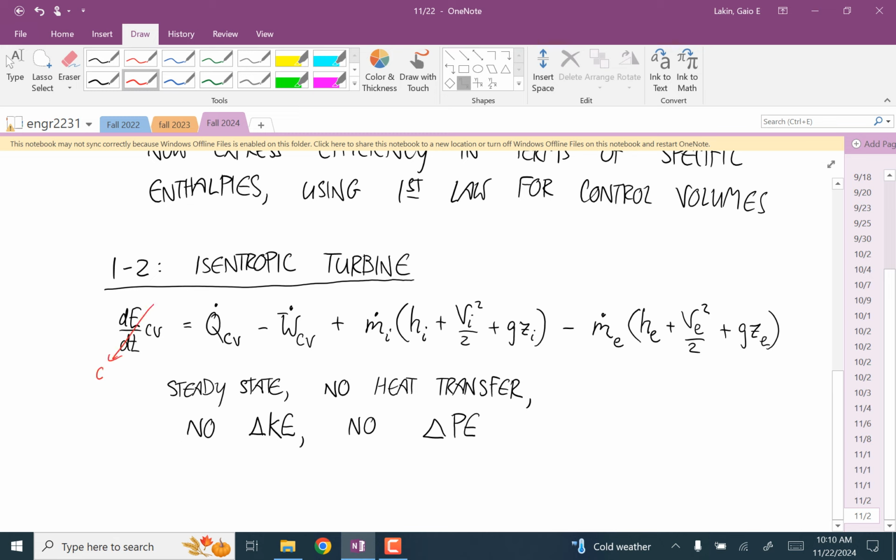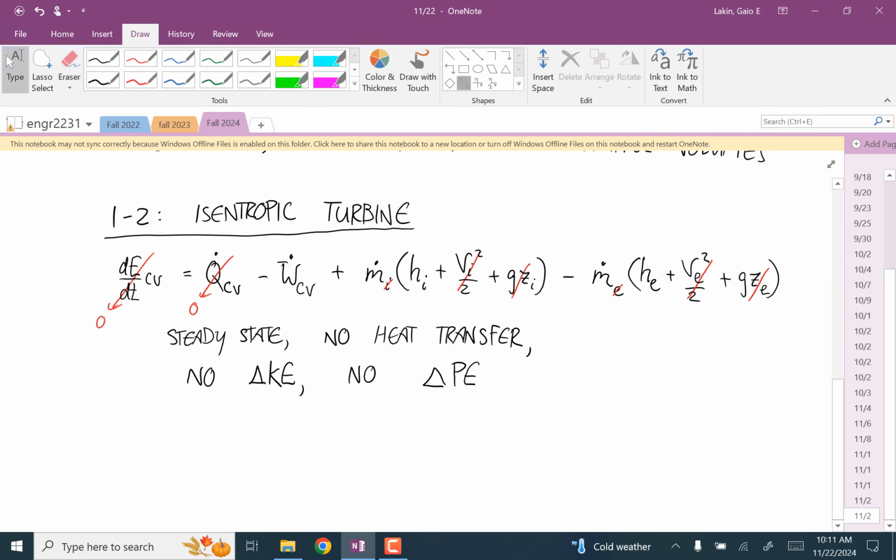So d dt is 0, Q dot is 0, m_i dot equals m_e dot, and then those go away. And so we have from this that W dot for the control volume is equal to m dot times the quantity h inlet minus h exit.